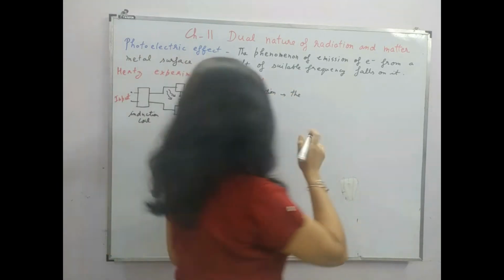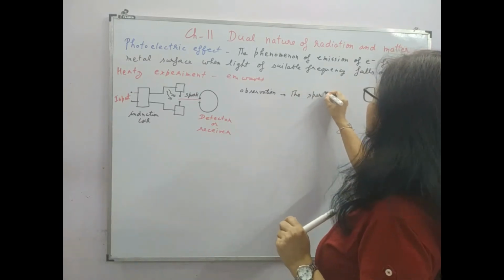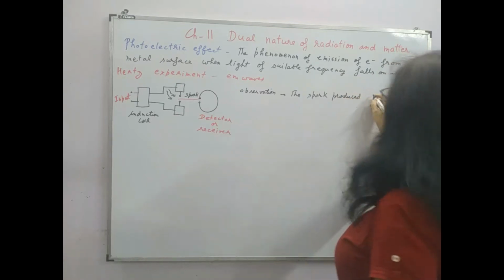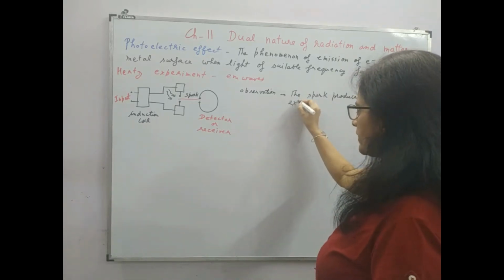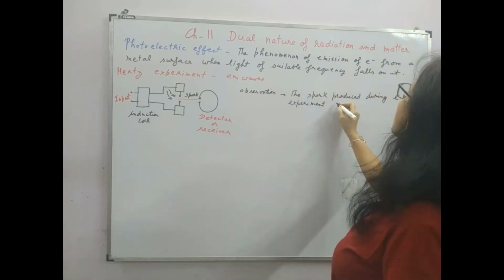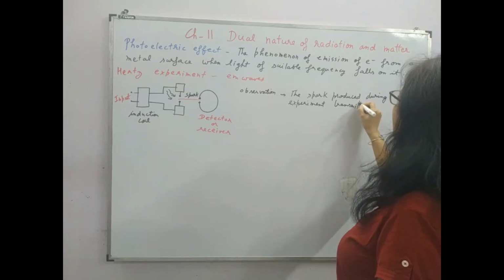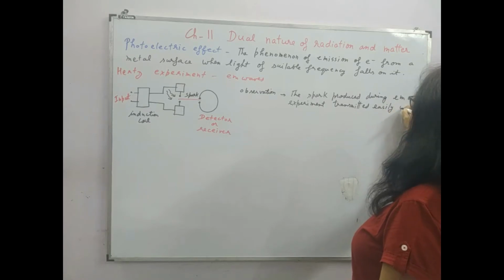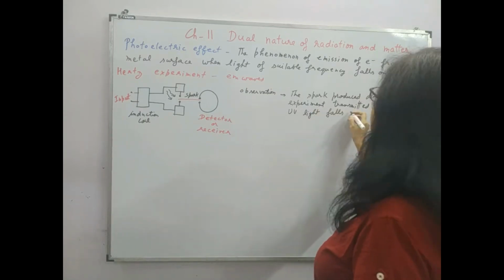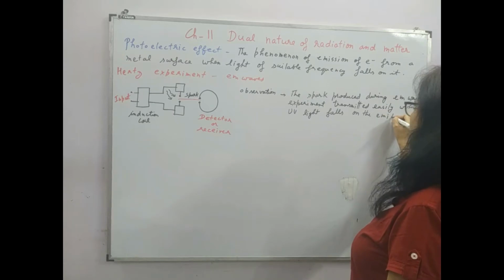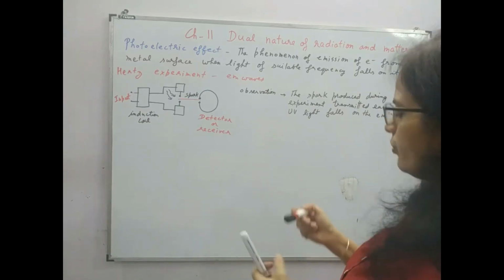The spark produced during the EM waves experiment was transmitted easily when UV light falls on the emitter of these EM waves.